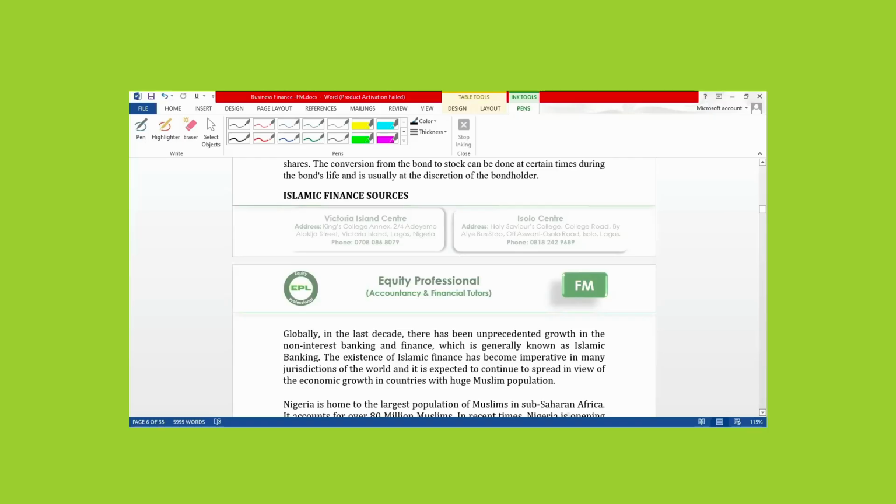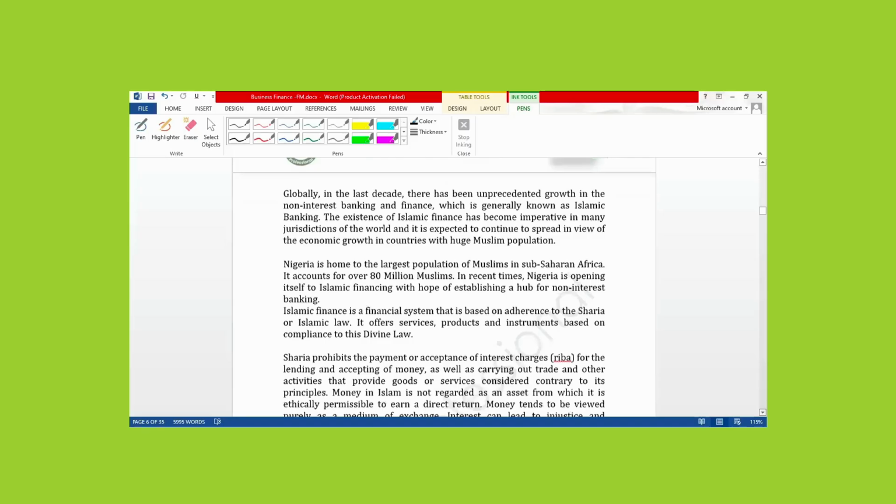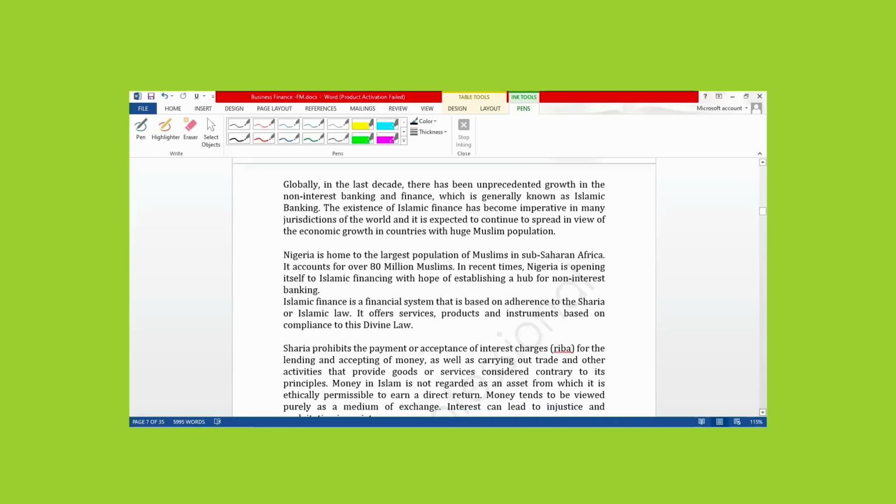The question will now be, how does this Islamic finance bank make profit, if they can give a loan or provide finance based on the principle of Islamic law, where interest is completely prohibited?